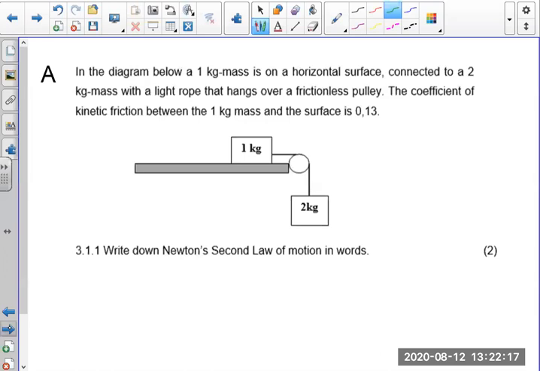The coefficient of kinetic friction between the 1 kilogram mass and the surface is 0.14. So this is μk. Then they say, write down Newton's second law. All of the sums I told you are according to Newton's second law.